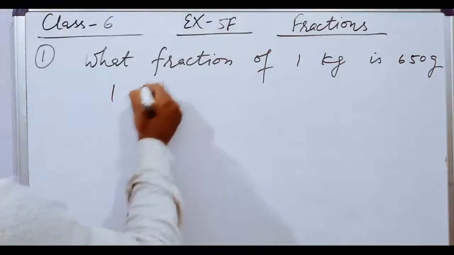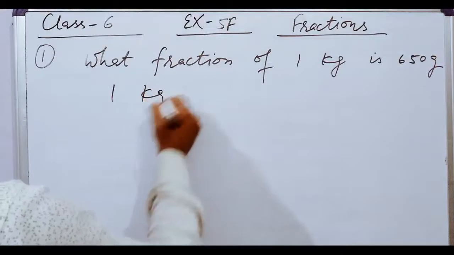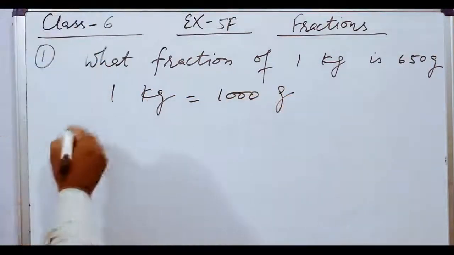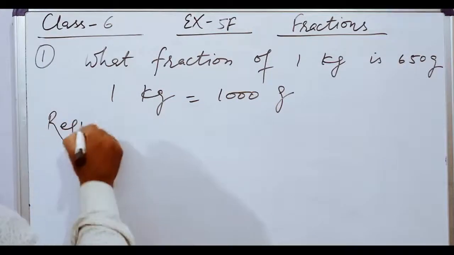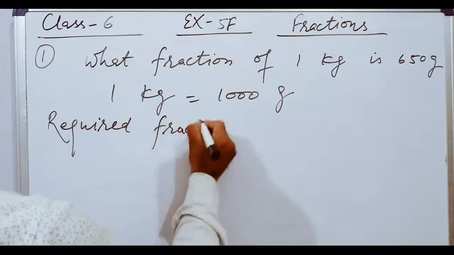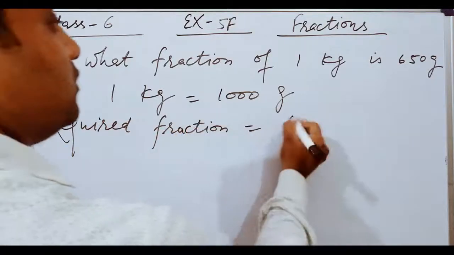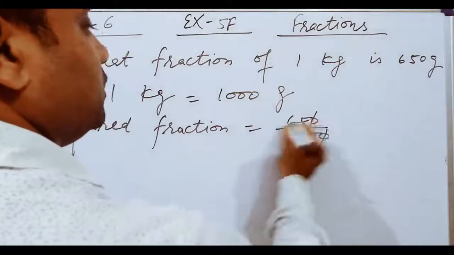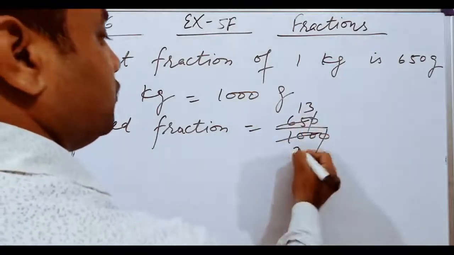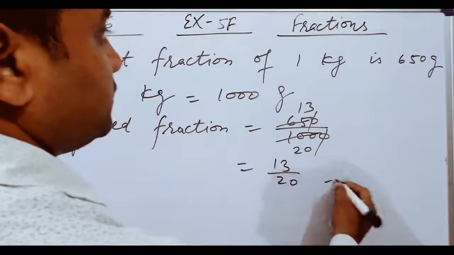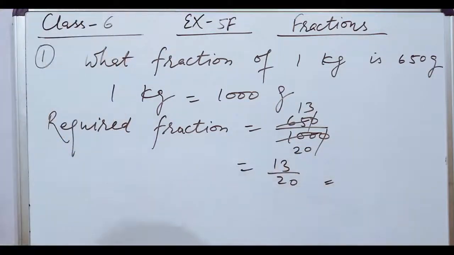So 1 kg equal to 1000 gram. Okay, so the required fraction equal to 650 upon 1000. Dividing by 5, then by 5 again, 13 upon 20. This is the answer.